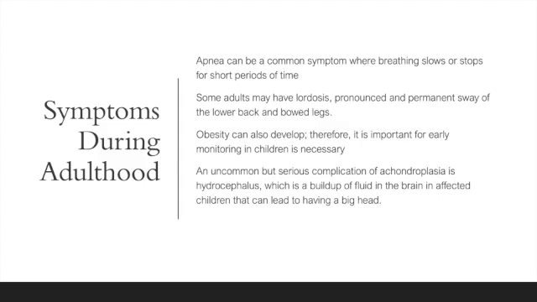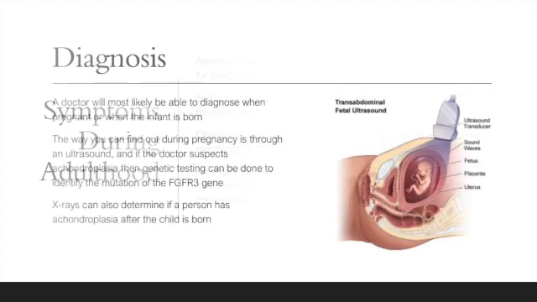The way that you would find out if someone has achondroplasia would most likely be before the child is born, which is during the pregnancy. It can be figured out through ultrasound, and if the doctor suspects achondroplasia, then we can do further genetic testing to figure out if there is a mutation with the FGFR3 gene.